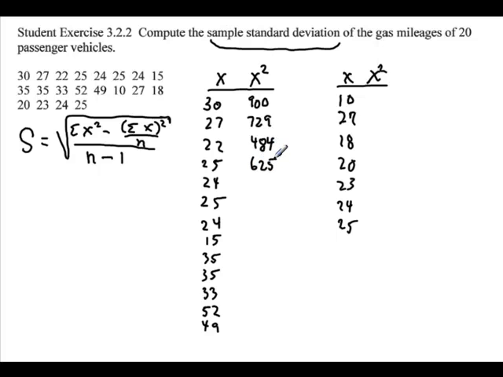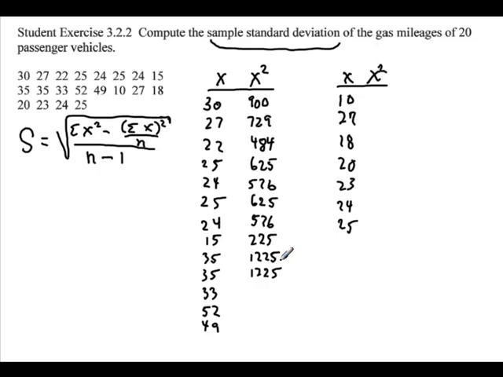I just happen to know that one because I teach math. 24 squared is 576. 25 squared is another 625. 24 squared is another 576. 15 squared is 225. And 35 squared is 1225. And again another 1225.